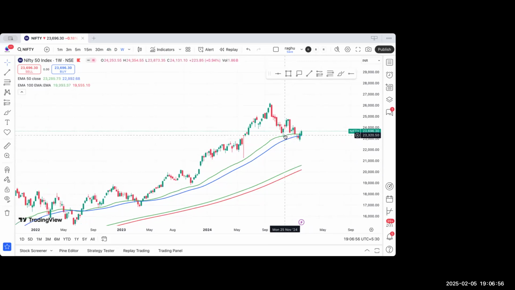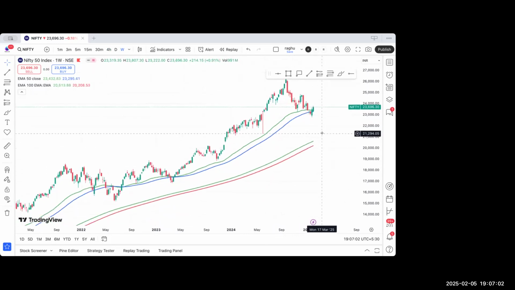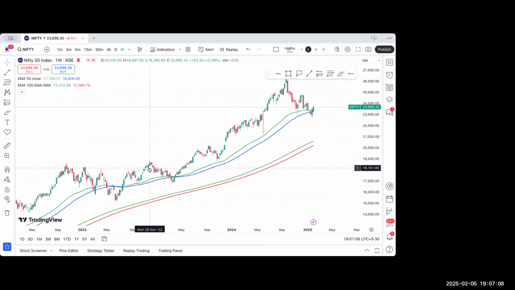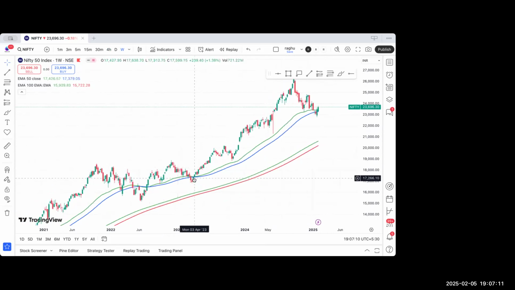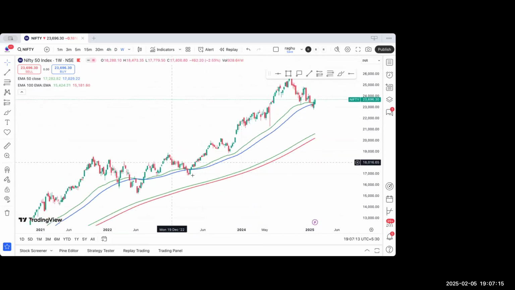So this is basically the 50 EMA and this is the 100 EMA. Now, how will we differentiate whether the market is bearish or bullish? See, on the 50 EMA, the Nifty index never came down. It was always above the 50 EMA.